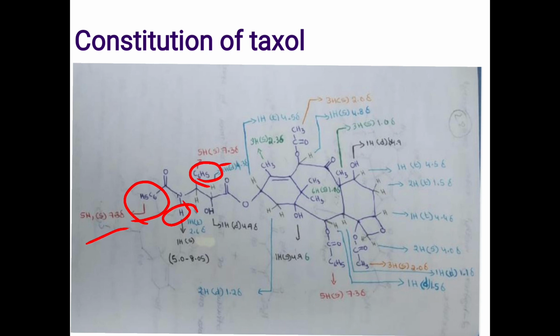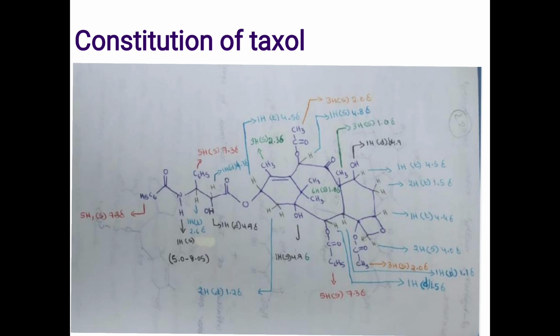Similarly, the protons in the benzene ring of the benzoxy group show a singlet at 7.3 delta. Taxol contains a total of 3 benzene rings, and each contains 5 protons, which show a singlet at 7.3 delta.